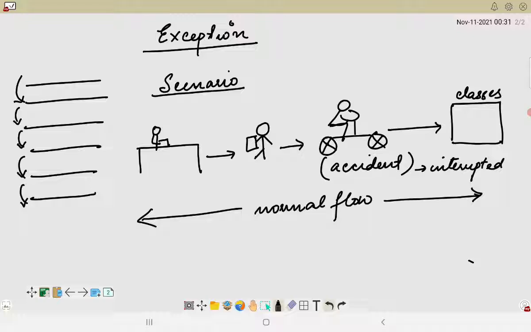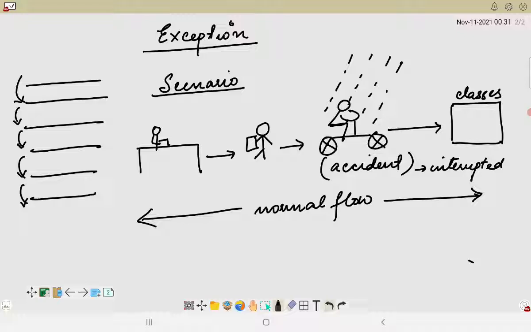Or let us say there is another unwanted event, like rain comes at some juncture of his journey. That will also cause a delay in his journey to his classes, or he might have to halt for some time or find an alternative way to reach his class.